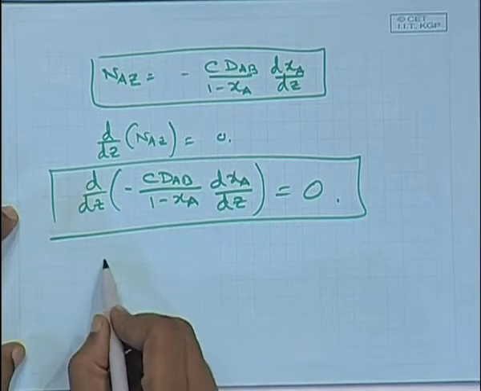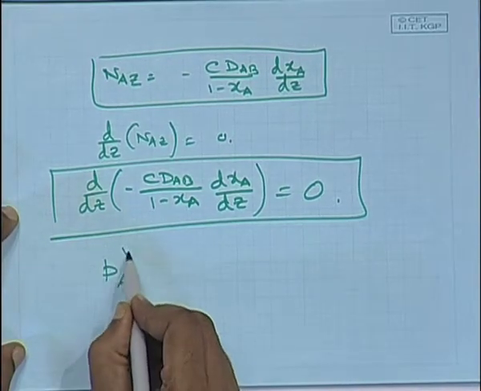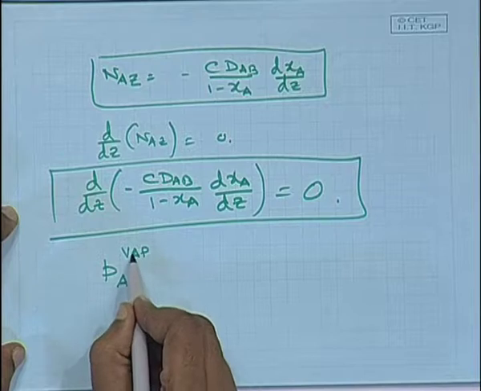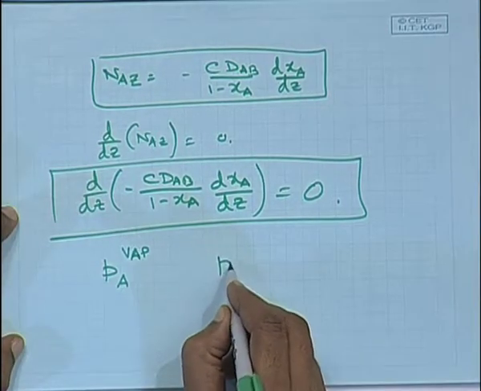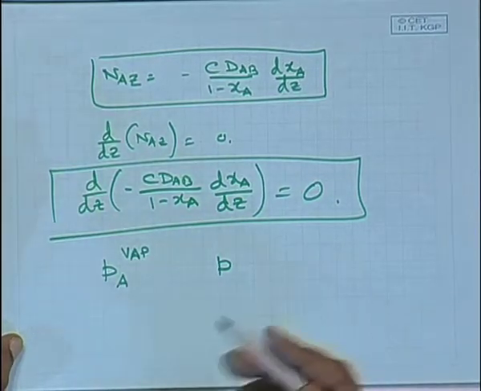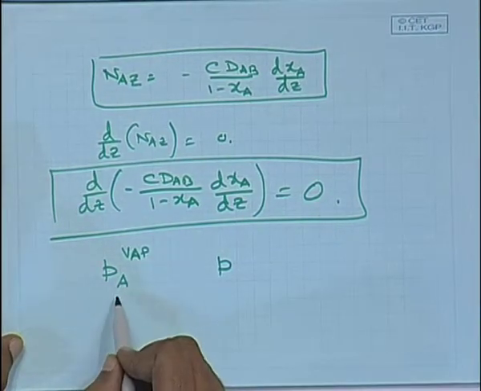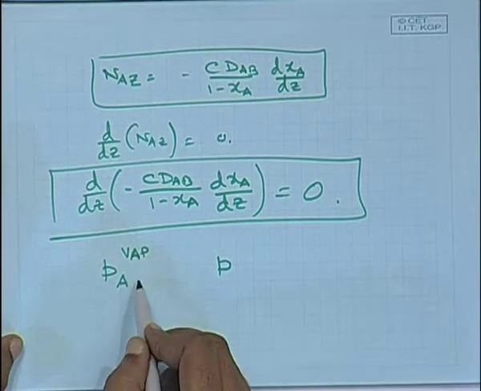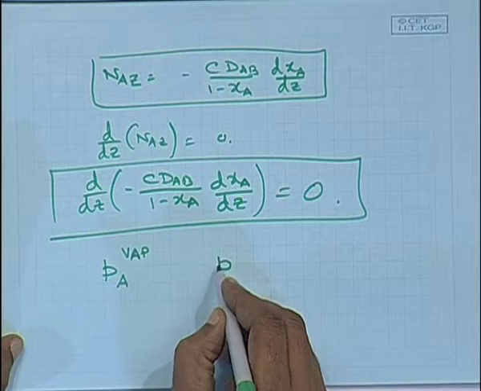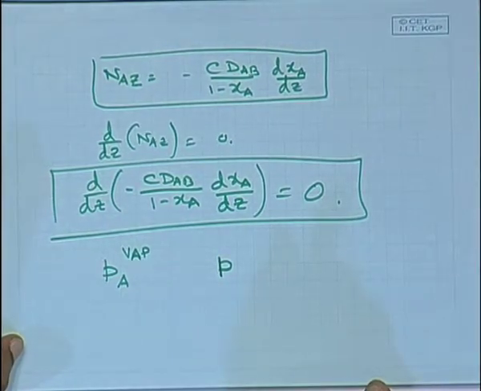Now, if I say that PA is the vapor pressure of A and P is the total pressure, I am repeating again, the vapor pressure of A is PA superscript vapor, and P is the total pressure.